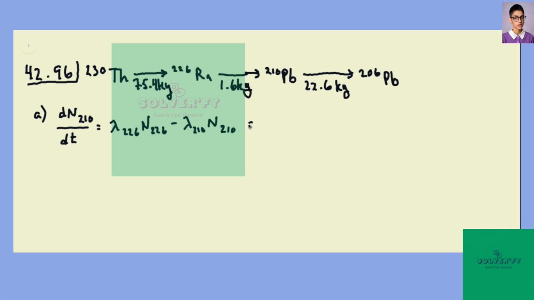Now we can see immediately that this is just the activity of the radium minus the activity of the lead. So the radium decaying produces the lead-210, and the lead-210 decaying removes lead-210 from the sample. So this is the rate at which you're adding 210s, and this is the rate at which you're taking them away, and so that's the net rate of change of the lead-210.